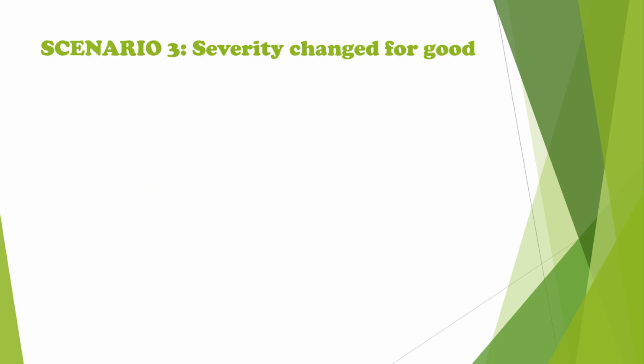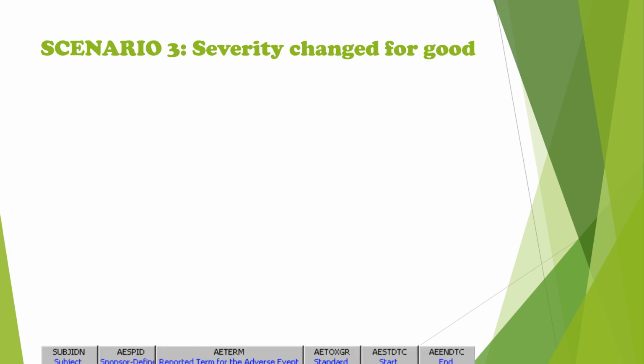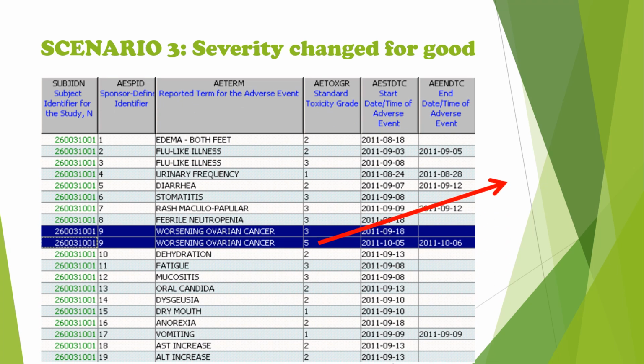Now that we have seen the above scenario, consider a similar situation with the severity level getting better. Yes, anything can come in the raw dataset. Taking an example where the severity changes from 3 to 2 or 1, on only considering this start and end date in the TEAE algorithm, the second observation will be flagged as the treatment emergent adverse event, where it shouldn't be considered as treatment emergent because the severity has improved.